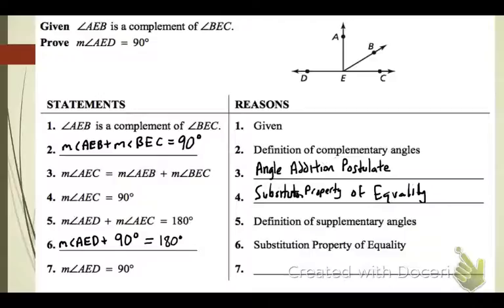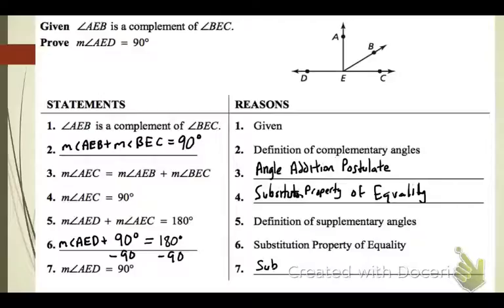Now we're looking, how do we get from step 6 to step 7? I see 90, but I also see 180 on this side of the equation. Maybe we recognize that 180 minus 90 is 90 degrees, and that would give us our equation if we subtracted 90 from both sides. We have a property that says we're allowed to subtract from both sides so long as we do it on both sides of the equation.